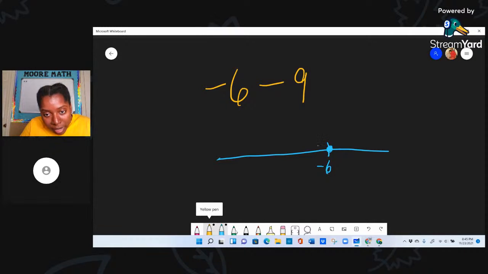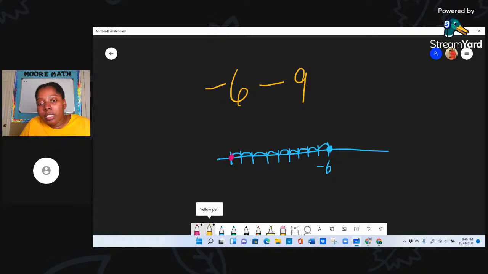So we're going to go down 9 spaces. 1, 2, 3, 4, 5, 6, 7, 8, 9. Okay. We're going to end up, and I'll use a different color, right here.